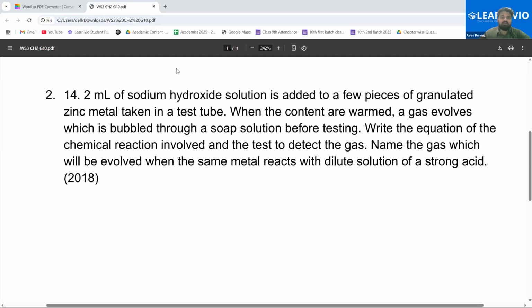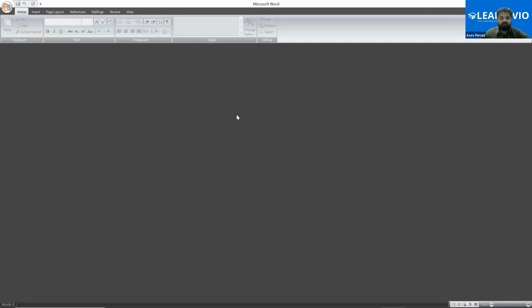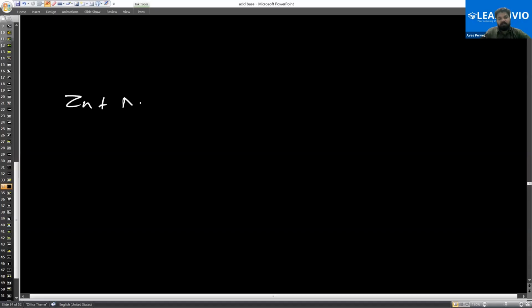See, this is very simple. If you are reacting zinc with NaOH, it will give you Na2ZnO2 plus hydrogen.